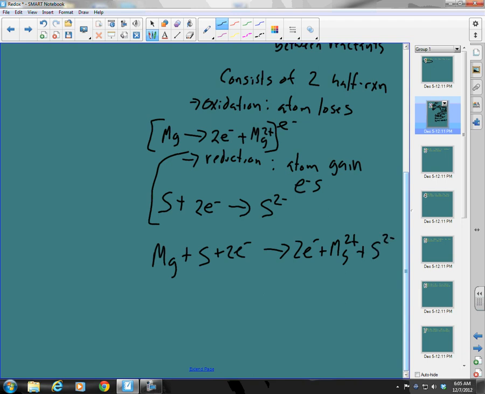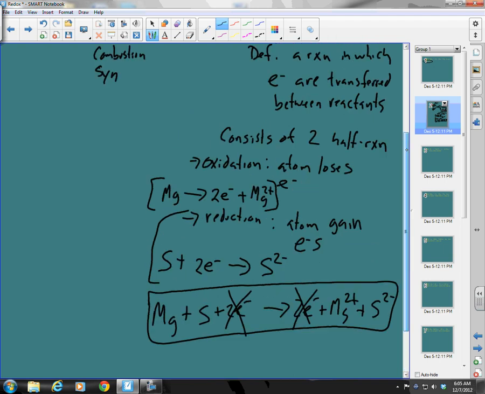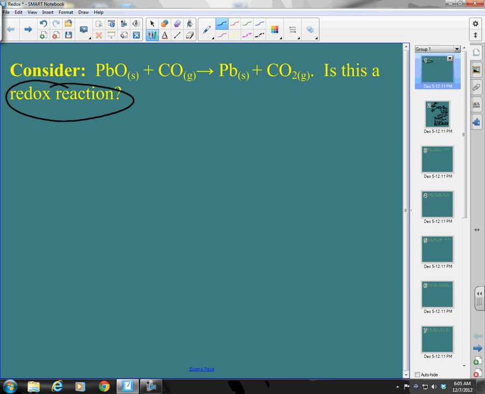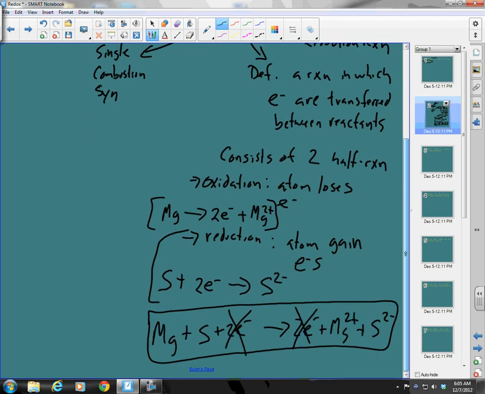I have electrons on both sides, so I get rid of them, and then I get this as my complete redox reaction. So let's go back. Do we have enough to answer, is this a redox reaction? I really can't tell if electrons are going somewhere. We need another tool, and here's our tool.